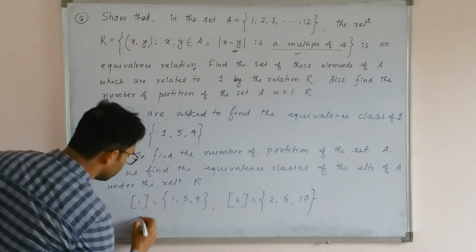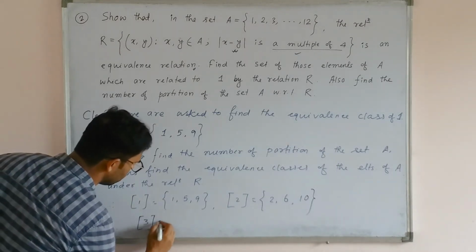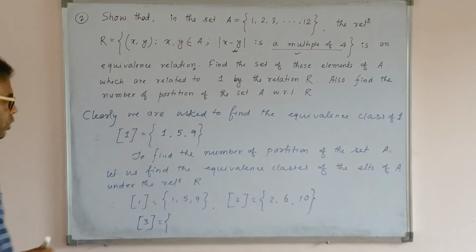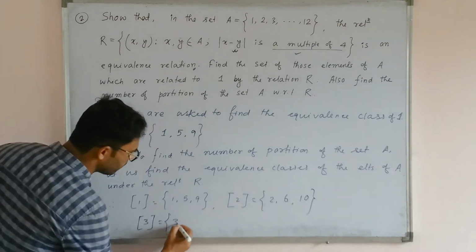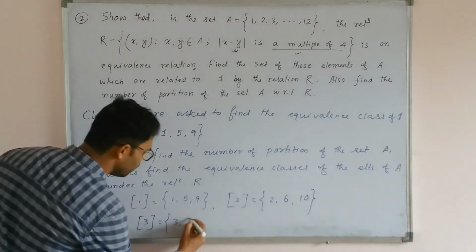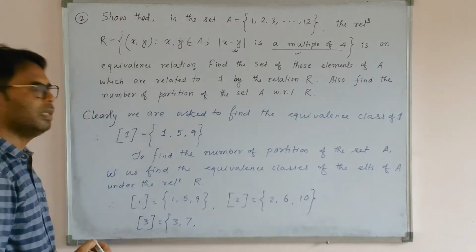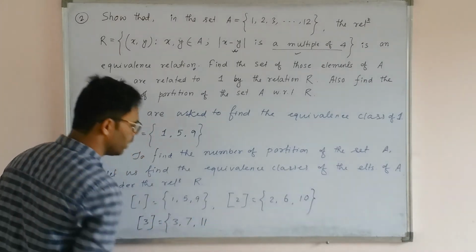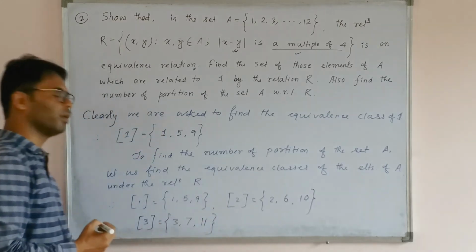Then find the class of 3. 3 itself will be there, then 7, then 11. That is the class of 3.